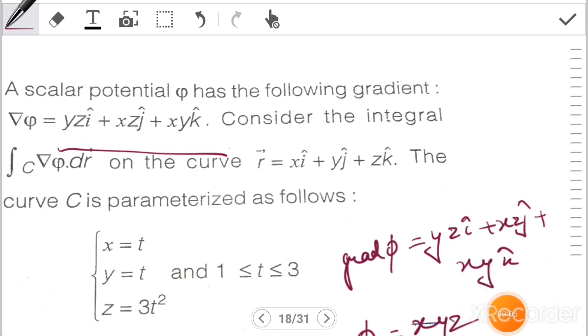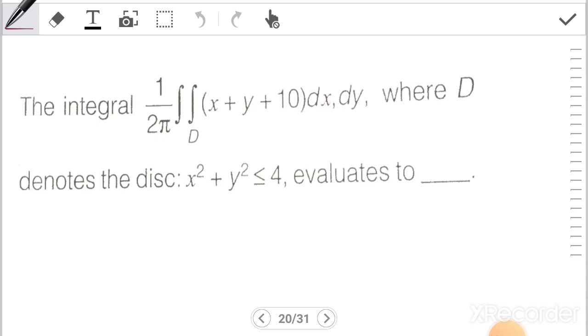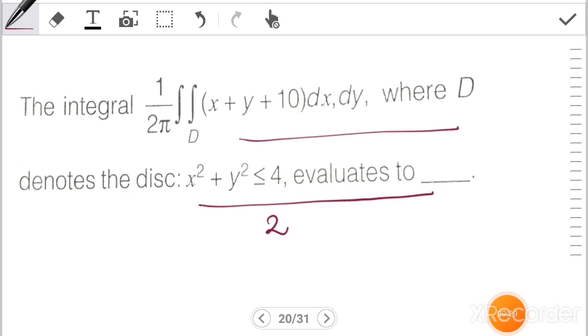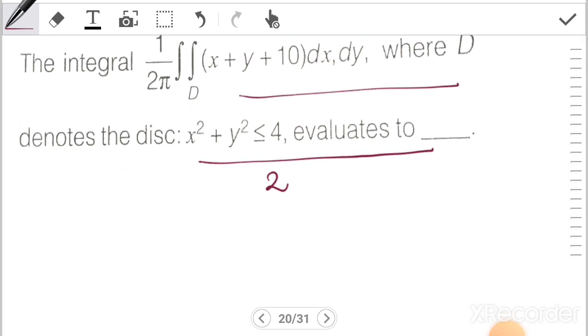Let's go to the next problem. The integral, where D denotes the disk, evaluates to what? The disk is a circle with radius 2. By inspection we see that we can use polar coordinates here. Let us put x equal to r cos theta and y equal to r sin theta.